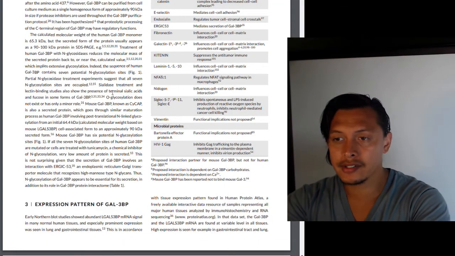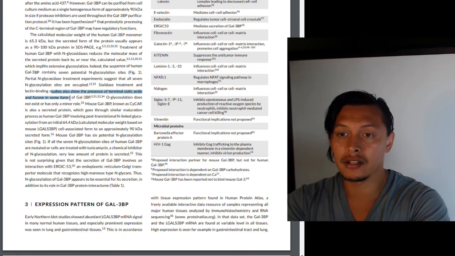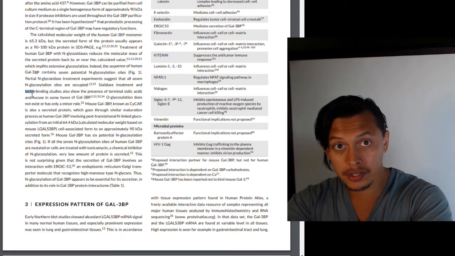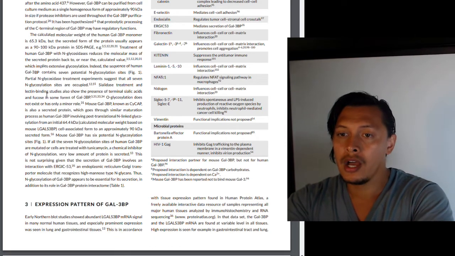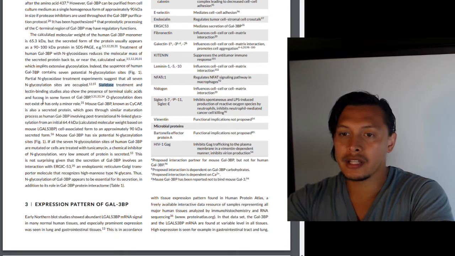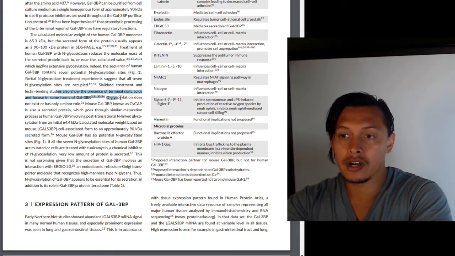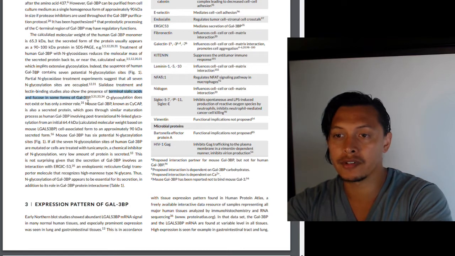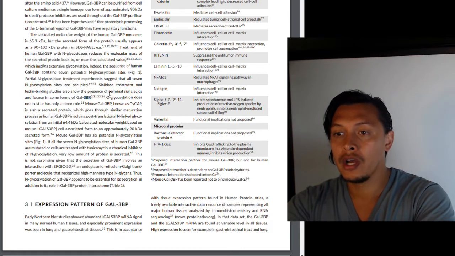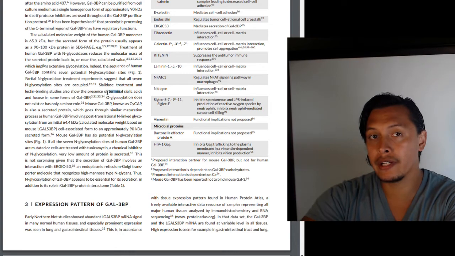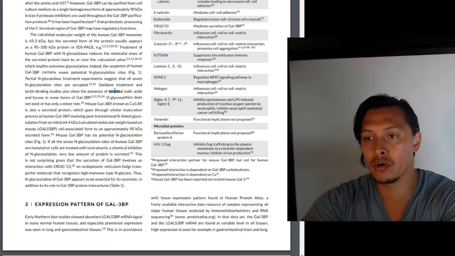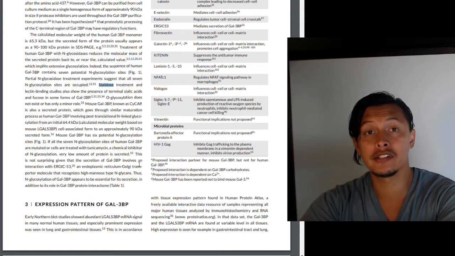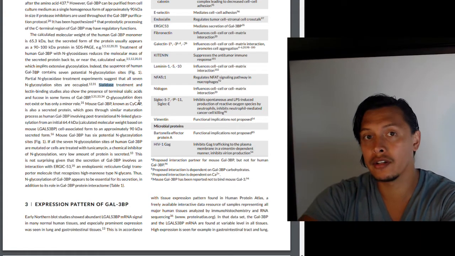So, sialidase treatment and lectin binding studies. Lectins are the proteins that can bind to sugars. The sialidase treatment and the lectin binding studies also show the presence of terminal sialic acids and fucose in some forms of galectin-3 binding protein. What this is saying is, if you treat your galectin-3 binding protein with sialidase, this tells you that you explicitly have sialic acid on the protein.